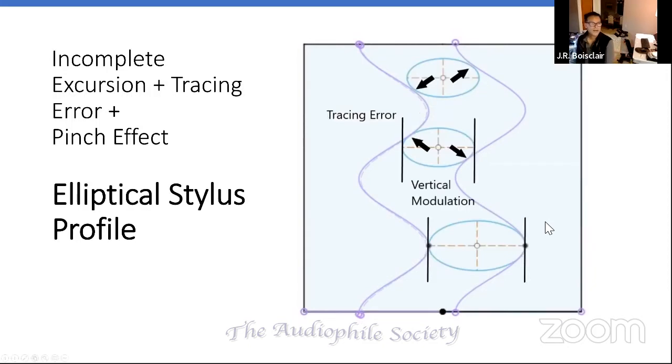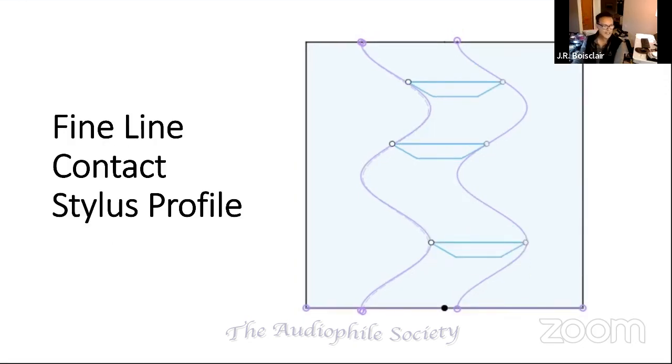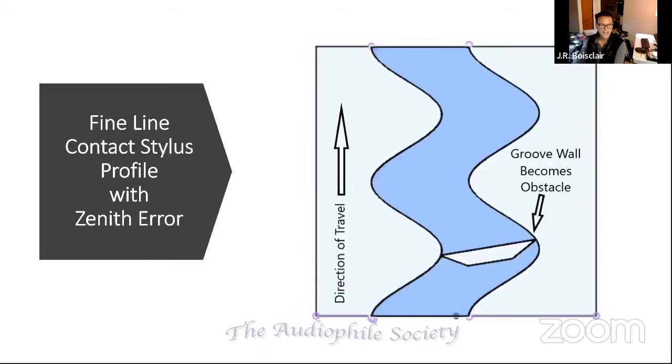So ellipticals improve upon this, but they still have the same problems, just to a lesser degree. They still have the same incomplete excursion, tracing error, and pinch effect. Now, a fine line contact stylus profile is, for all intents and purposes, very similar or almost the same as a cutterhead stylus.